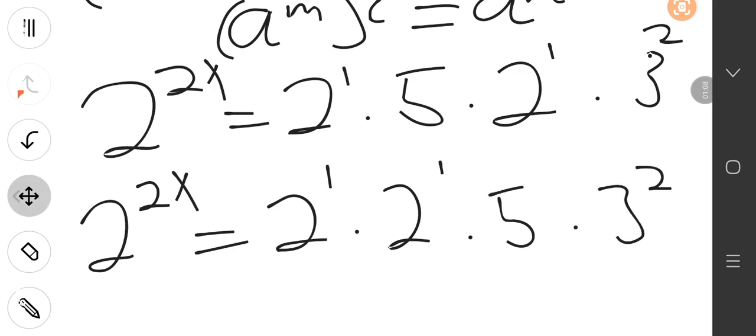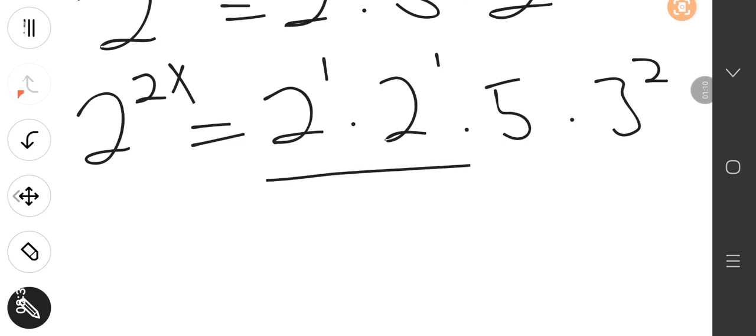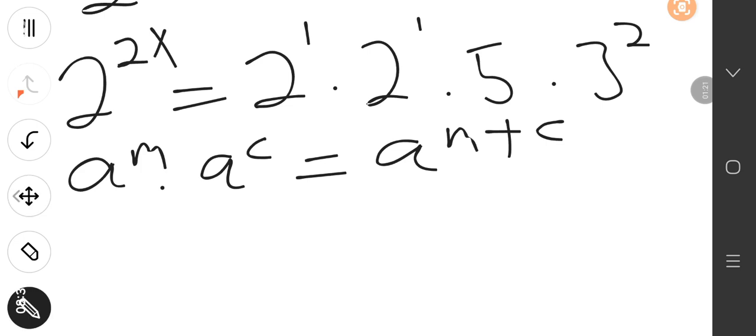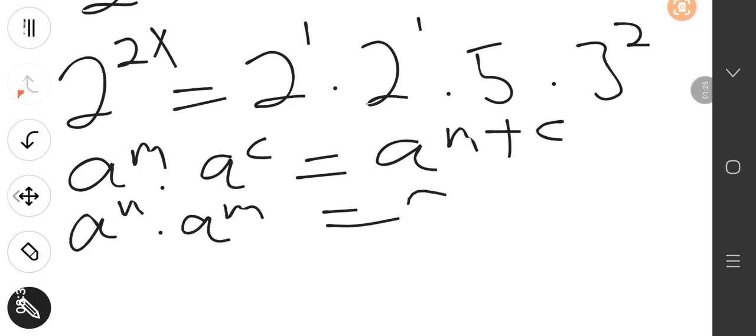All right, now let's apply the first law of indices here. Okay, so we say a exponent m times a exponent c equals a exponent m plus c, okay? So in a situation where you have a exponent m times a exponent m, this gives us a exponent 2m, okay?